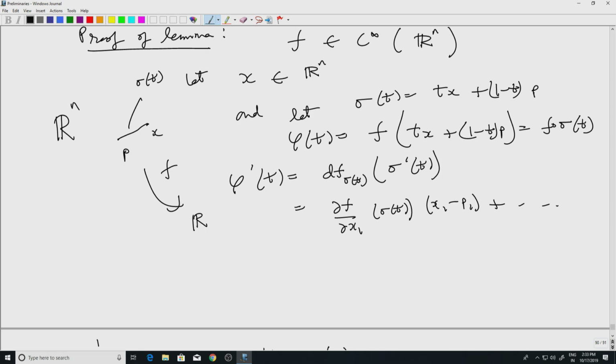If I take the derivative of phi, the chain rule, since there's a composition of two functions, tells me that it is the derivative of f at sigma t acting on sigma prime t. And writing it out in coordinates, it has this form.